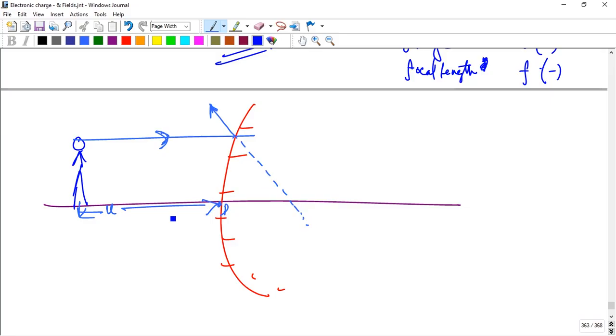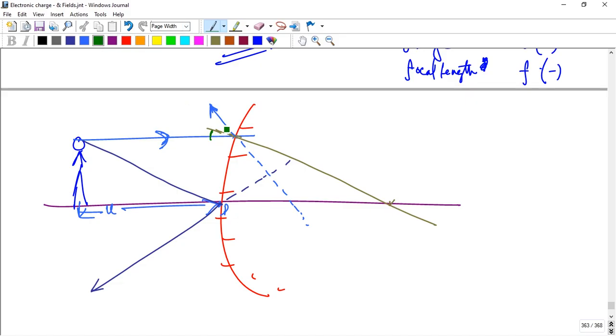Now choose another point here, a ray falling on the pole, reflecting back, and you see that very carefully. If I draw a normal here, that angle is i, that angle is r, and the image is created here.